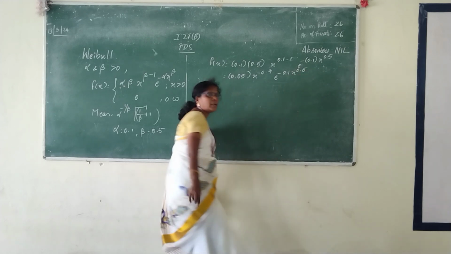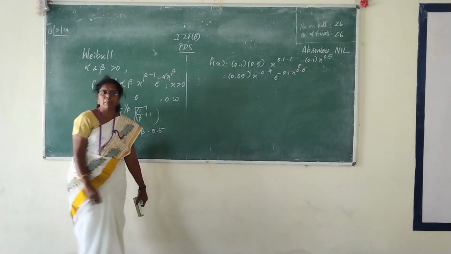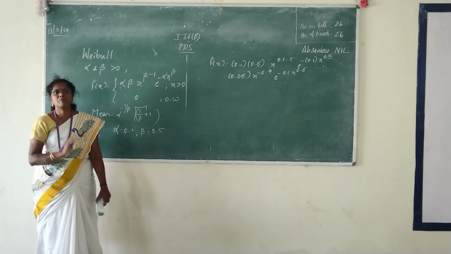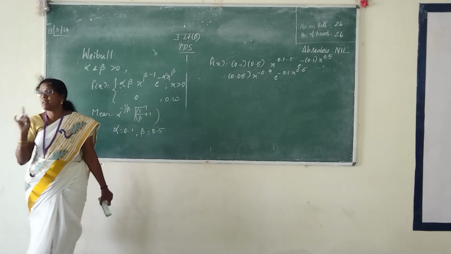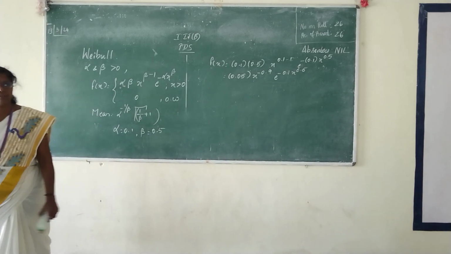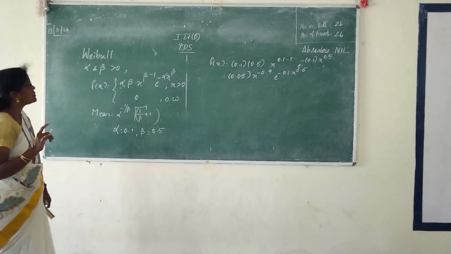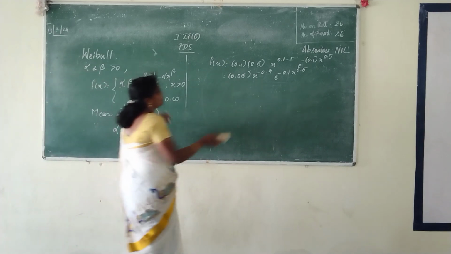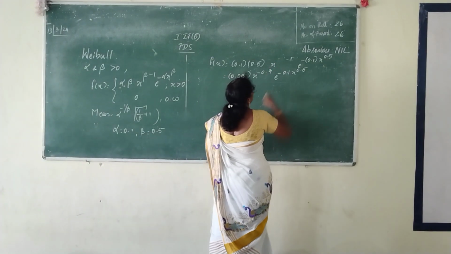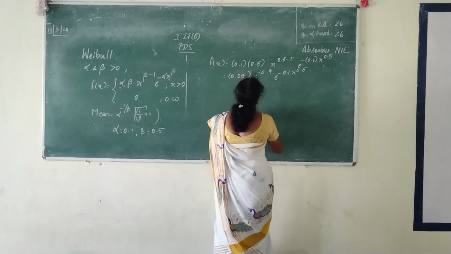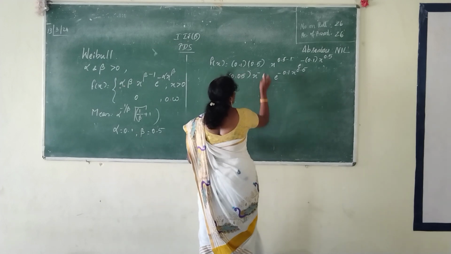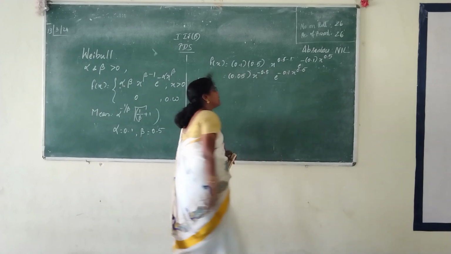This cannot be simplified because both are different terms. So this is the definition for this problem. What is the first thing you have to find? x power beta minus 1, 0.5 minus 1, will be minus 0.5.